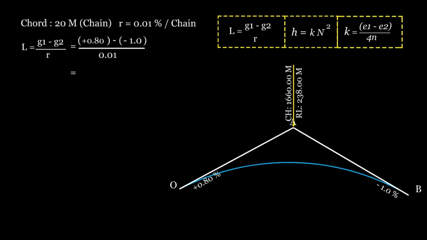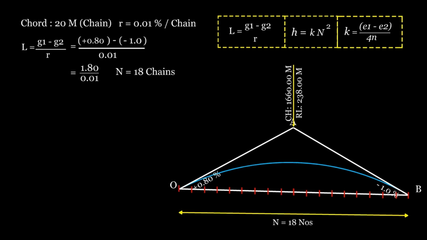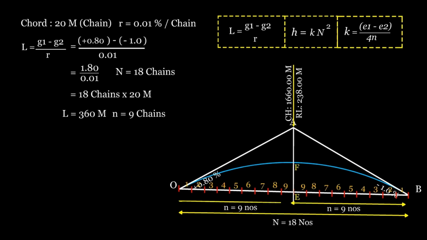Thus, the length of the curve L equals 1.80 divided by 0.1, which equals 18 chains. Since each chain is 20 meters, the total length of the curve is 18 chains times 20 meters, equals 360 meters. The length of the curve on either side of the apex is 9 chains. Thus, n equals 9 chains or 180 meters.